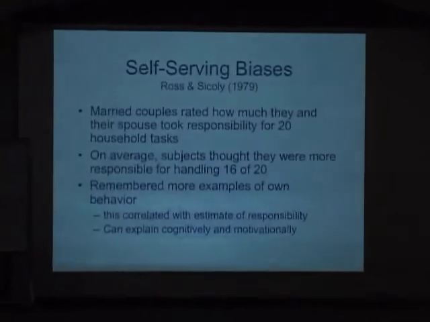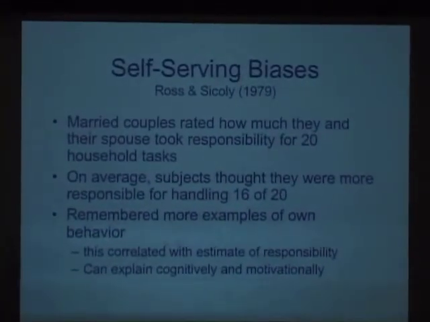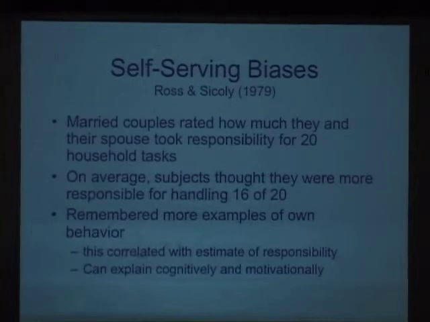All right, so I want to talk about some empirical research on what are referred to as self-serving biases, and positive illusions are all self-serving biases. So a self-serving bias is essentially some cognition, some way of thinking or seeing the world that benefits you to see it a certain way.